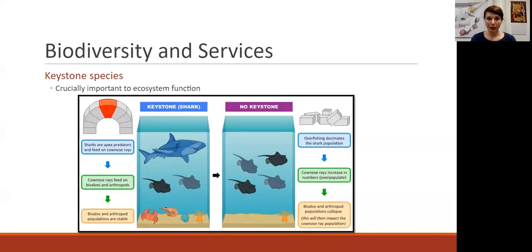So this is just an example. There's all kinds of keystone species out there. As soon as we start to see knocks to their population, we see an entire ecosystem start to get out of whack really fast. So this is another consideration that like the IUCN is going to use when they are determining the importance of conserving certain species.